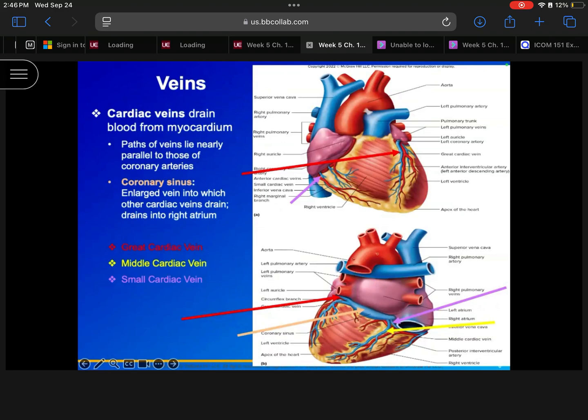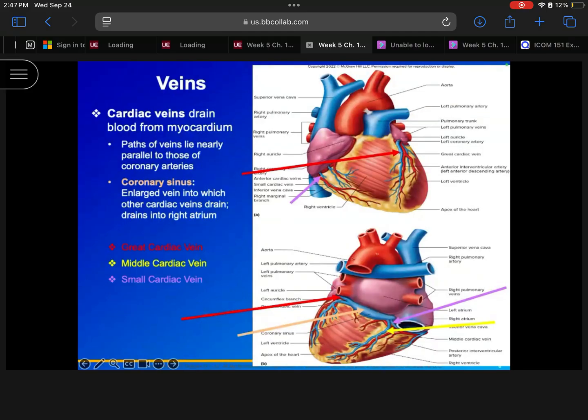The enormous vein of the heart is going to run parallel to the anterior interventricular artery. You guys have to remember what it's called. The largest cardiac vein, right here, paralleling the anterior interventricular artery. Yeah, it's the great cardiac vein.